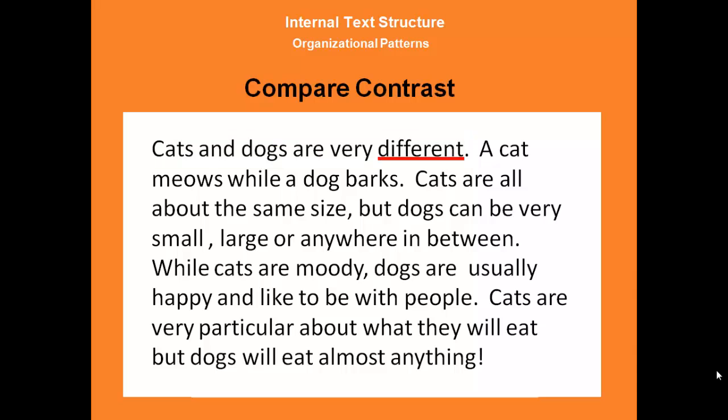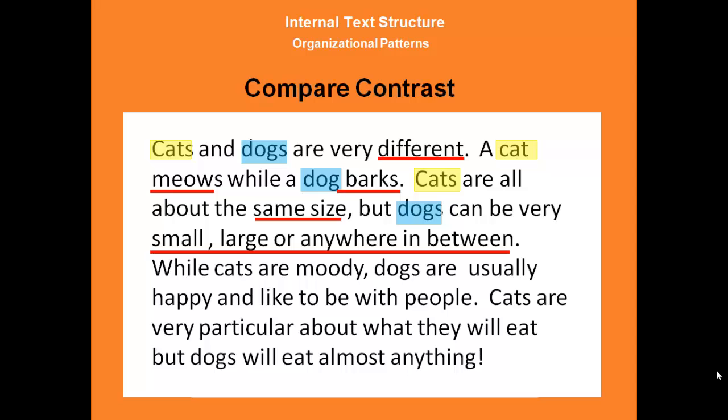So let's see how they're different. Cats and dogs, right? So we're going to look for cats and dogs and how they're different. A cat meows. A dog barks. There you go, a contrast. Next sentence. Cats are about the same size. Dogs can be small, large, or anywhere in between.